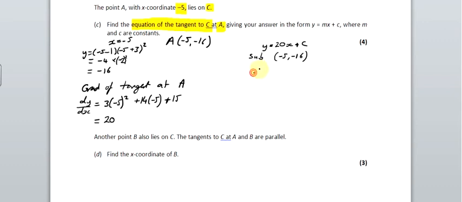So we've got minus 16 is equal to 20 times minus 5 plus c. So that's minus 16 is equal to minus 100 plus c. So therefore c is equal to 84. And that means that y is equal to 20x plus 84.